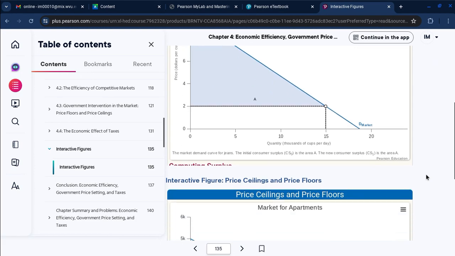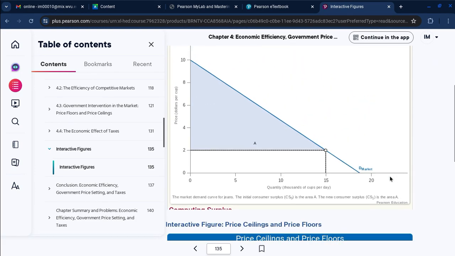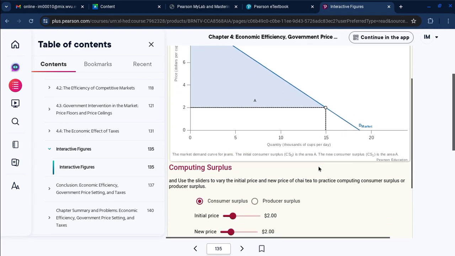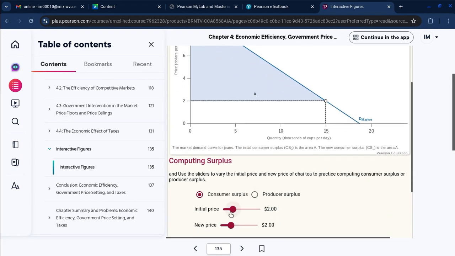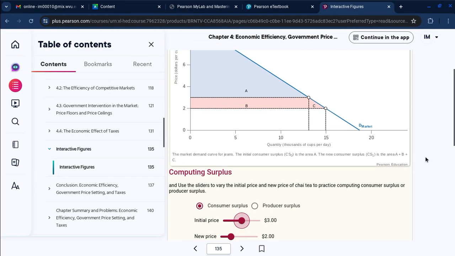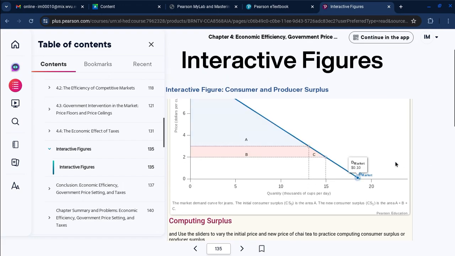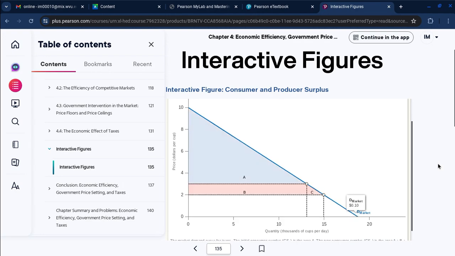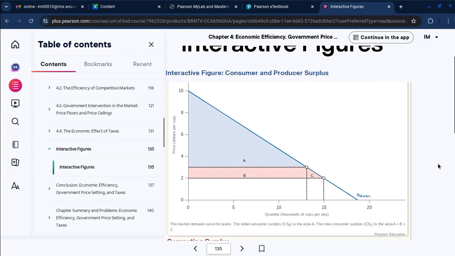And if we adjust the settings for our market, let's set our prices to be different. Let's say that originally it was $3, but due to some change in the market, maybe new government taxes or something, the price is now $2, or rather that would be a reduction in taxes.